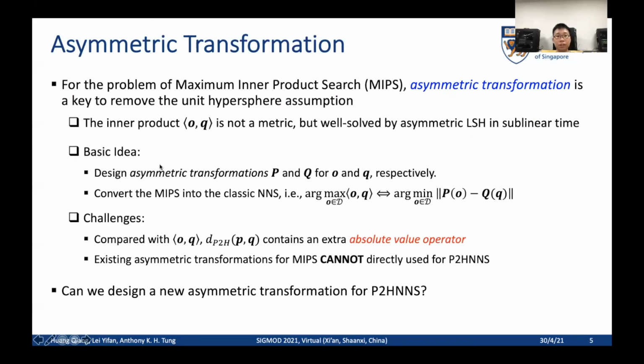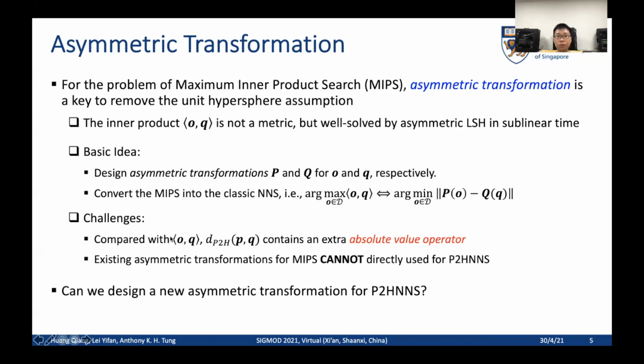Their basic idea is to design different asymmetric transformations P and Q for the data objects O and Q respectively. So they could convert this difficult maximum inner product search problem into the classic point-to-point NN search problem. And then they could leverage many efficient sublinear time methods for point-to-point NN search to deal with this challenging maximum inner product search problem.